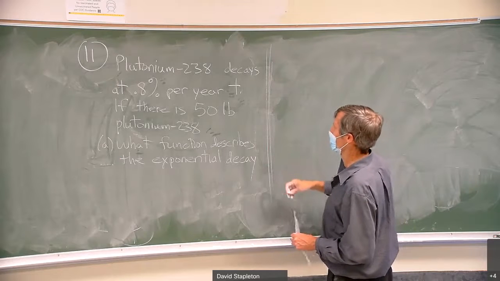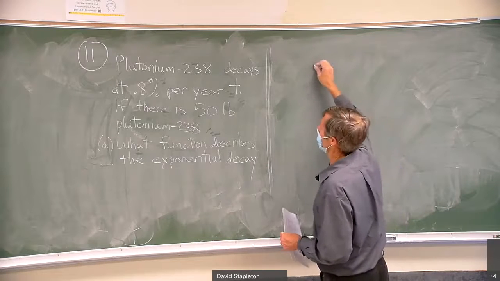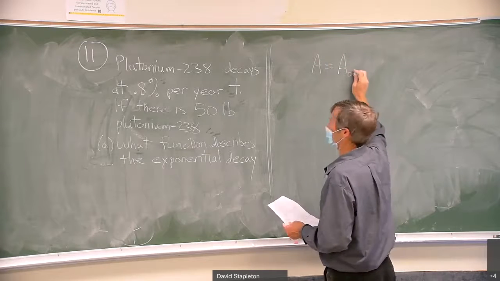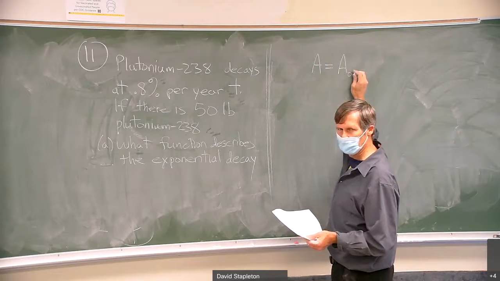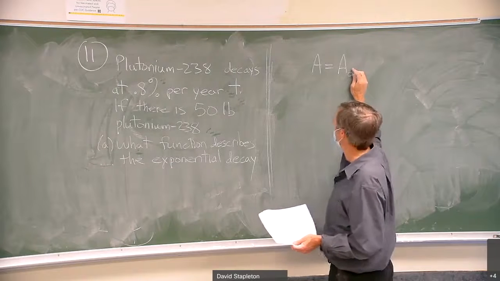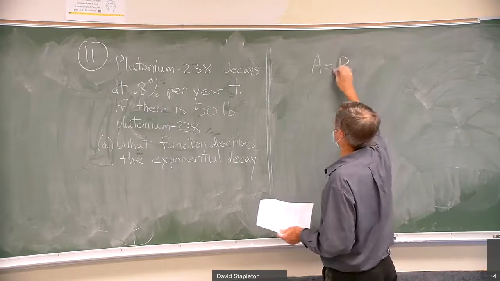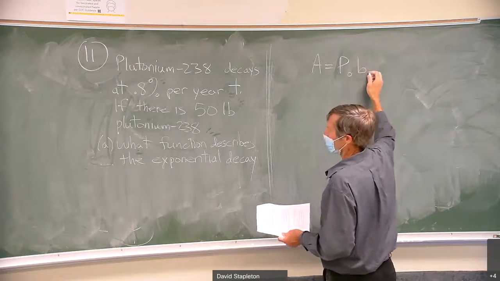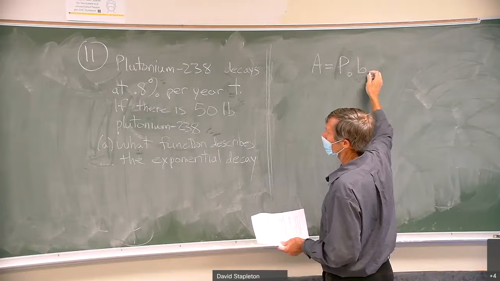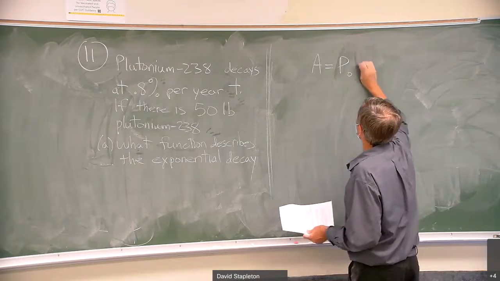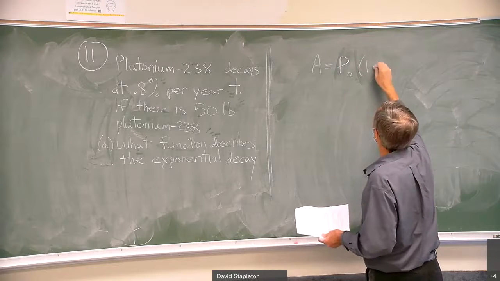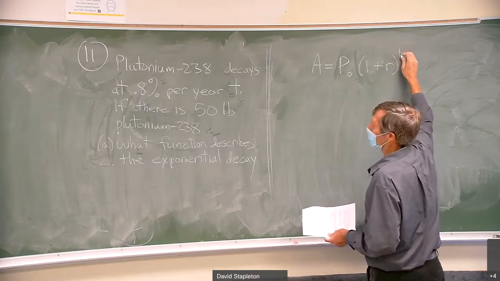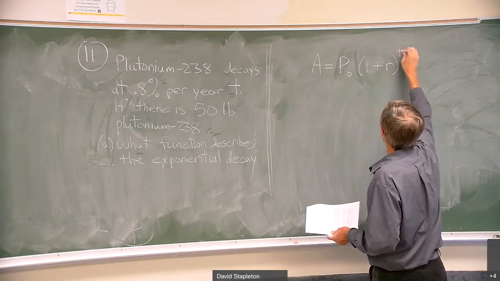So what do I write for the exponential model? You just memorize this: the amount of element left is the amount at time zero. I like to write A0. I can't remember what the book used. Was it A0 or P0? P0, okay, P0 is the initial amount, times 1 plus r, to the t.